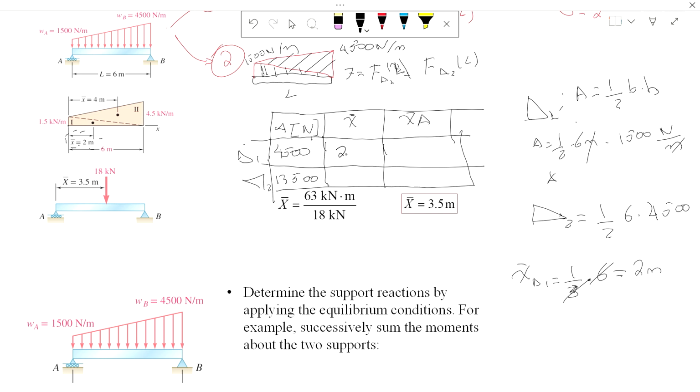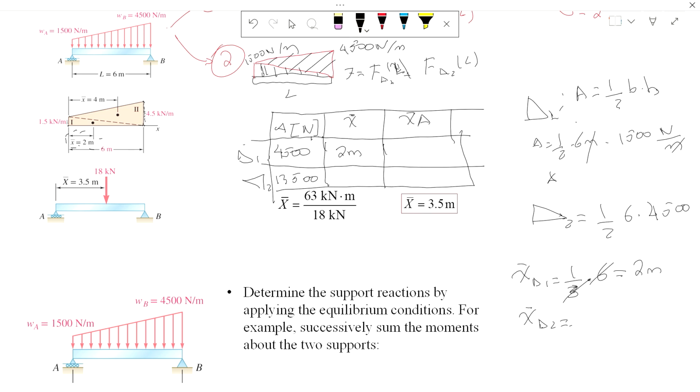Okay, so this is 2 meters, and the centroid for triangle 2 is also 1/3 of 6, except we're starting from this end. So it's 6 minus 1/3 of 6, because the base is actually on this side.